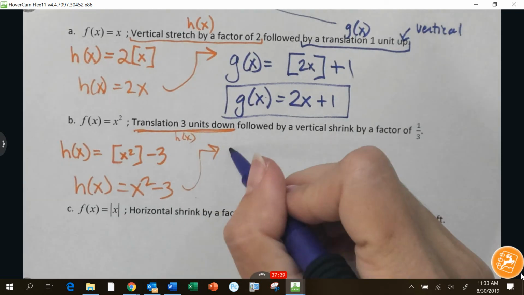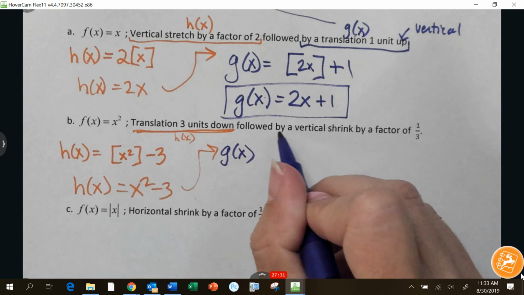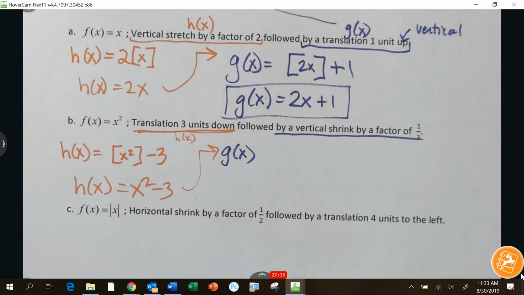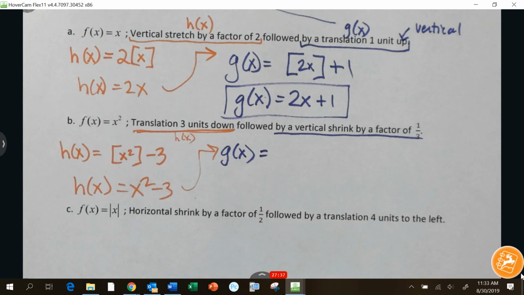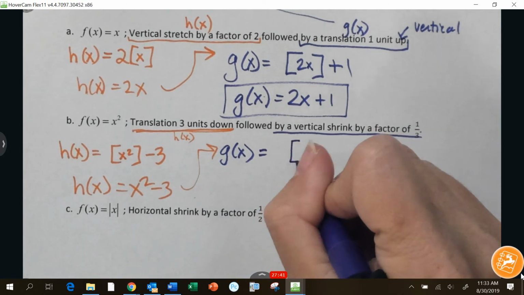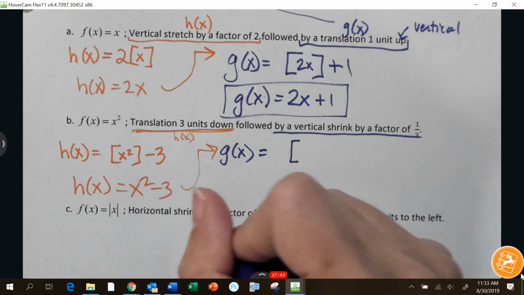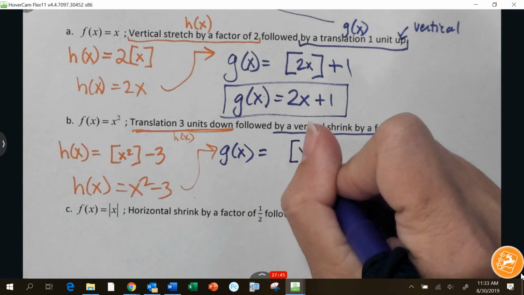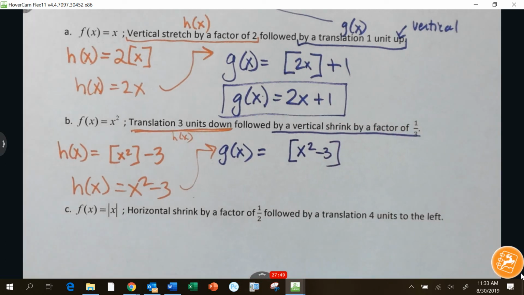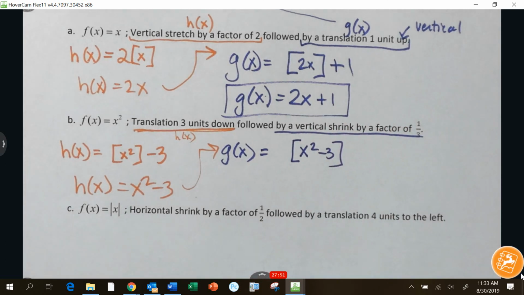So now my g of x has the second part. Vertical shrink by a factor of 1/3. Is that on the inside or the outside? Vertical shrink. It's the outside. Okay, so then I need these brackets, and I'm going to put h of x inside the brackets. I'm putting my last equation, x squared minus 3, inside of those brackets. And then that 1/3, did I say 1/2 or 1/3?